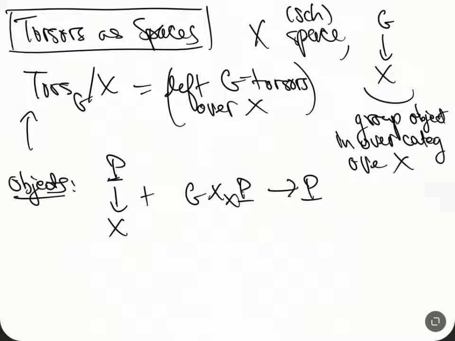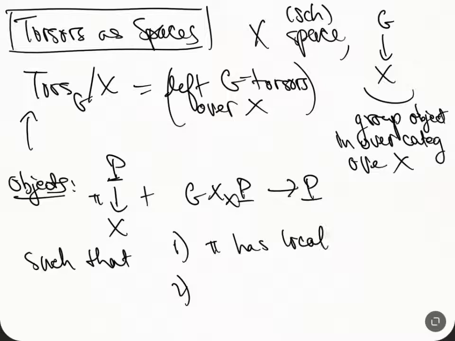And then such that, well, you can say 1 and 2. Pi has local sections. And here I'm abbreviating by saying local sections.